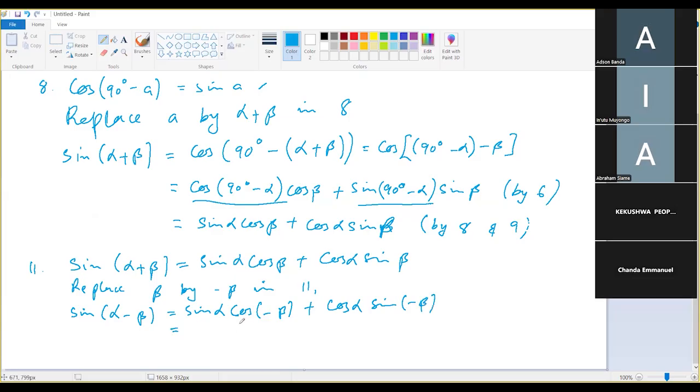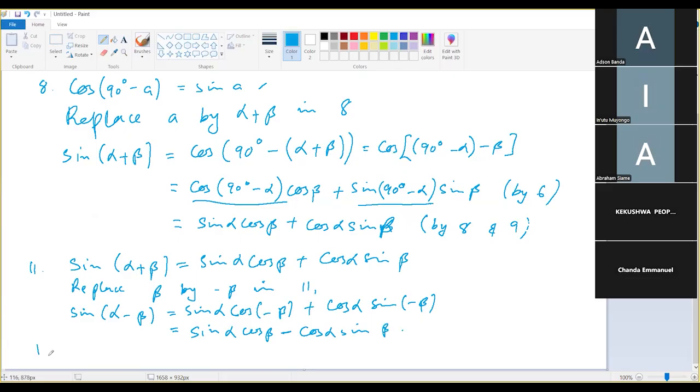Right, so we know that cos minus beta is the same as cos beta. So in this case, you get sine alpha cos beta. Then sine of minus beta is the same as minus sine beta. So we have a negative sign there, which gives us cos alpha and sine beta.